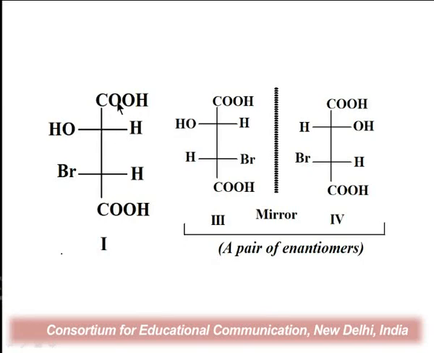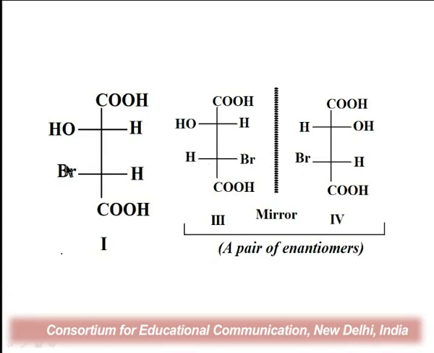This chiral carbon is attached to 4 similar groups, that is COOH, OH, H, CHBrCOOH. Similarly, this carbon is attached to the same 4 groups, COOH, OH, H, CHBrCOOH. So where are they differing? What we find is that at this carbon the orientation of groups is the same, but when we look at the second carbon, we find that the orientation of groups is different.